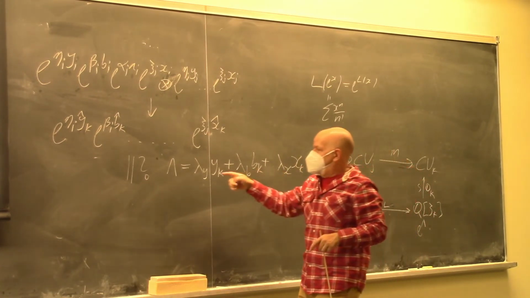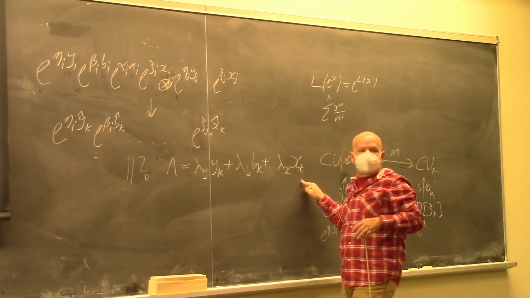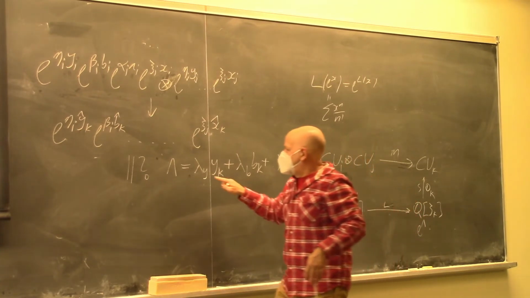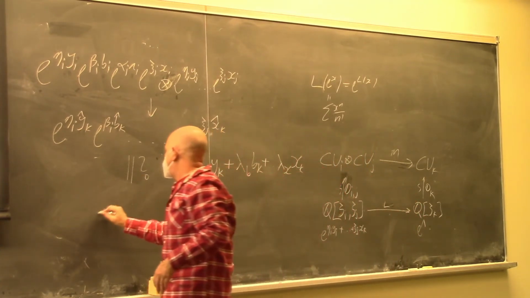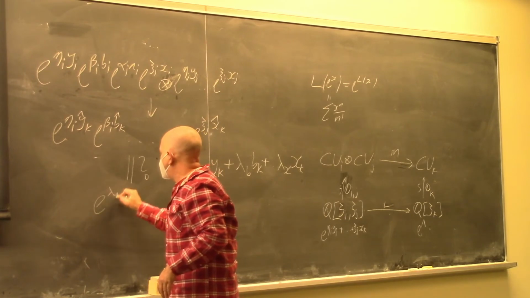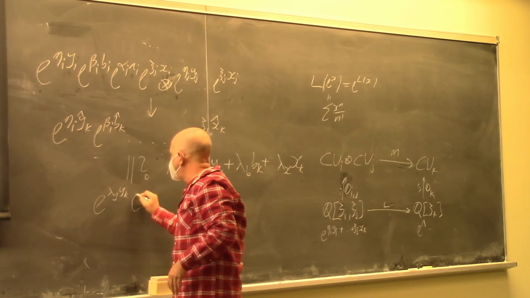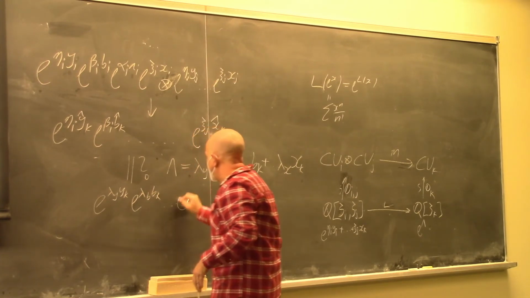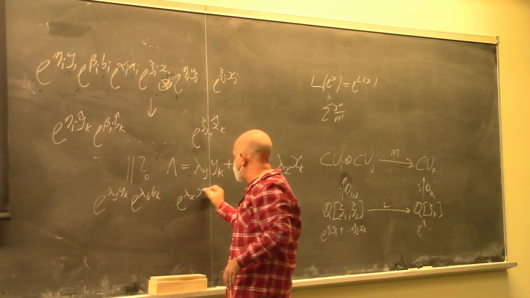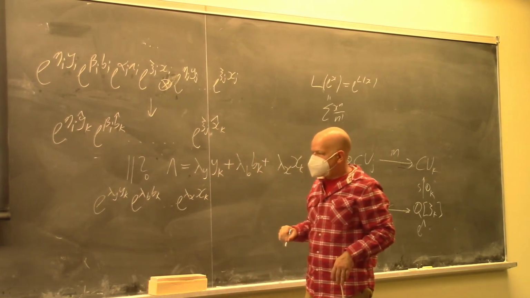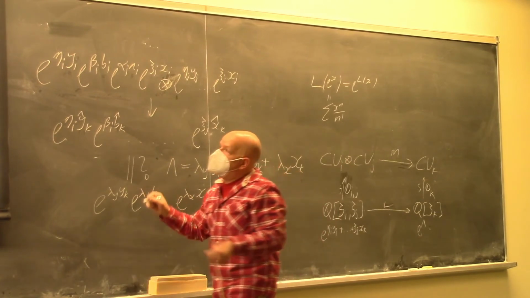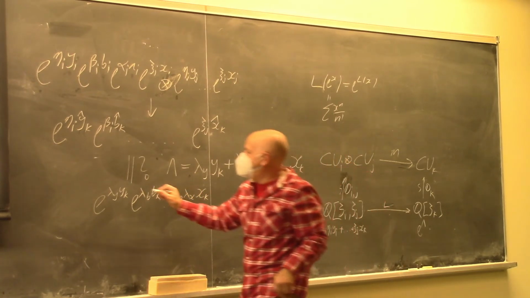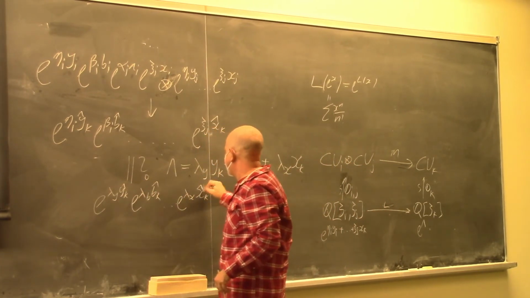Now I exponentiate lambda, and it's a commutative exponential. So I get e to the lambda y yk, e to the lambda b bk, e to the lambda x xk, and then I apply the ordering map. But I wrote them in order, so applying the ordering map is the do-nothing thing. It's just replacing everything by hats.